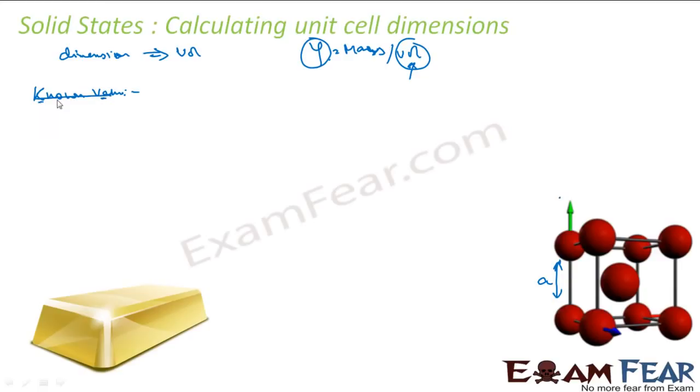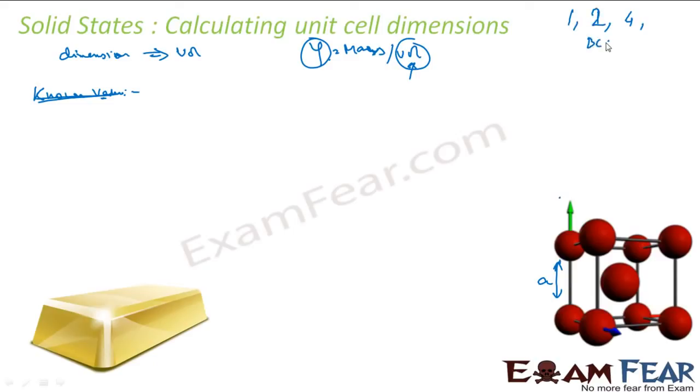We know that density is equal to mass by volume. So let's focus on one cell now. In one cell we can have a number of atoms. We have seen that in the normal cubic structure it is 1, in face centered it is 4, and in body centered it is 2.